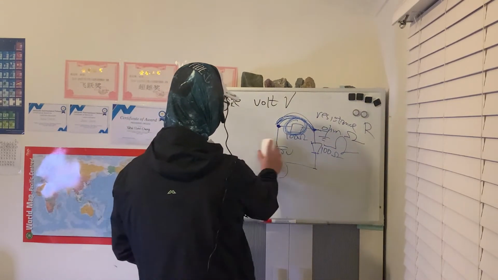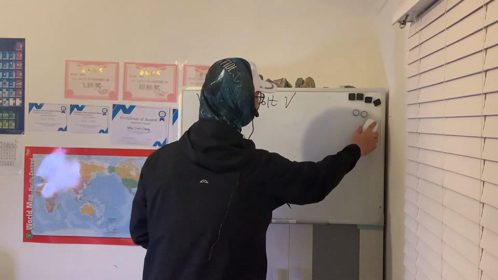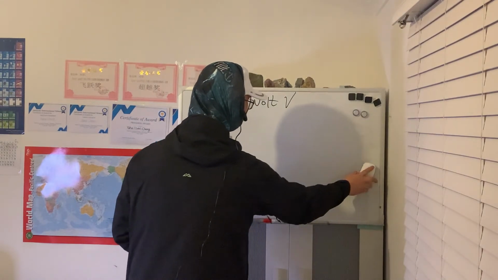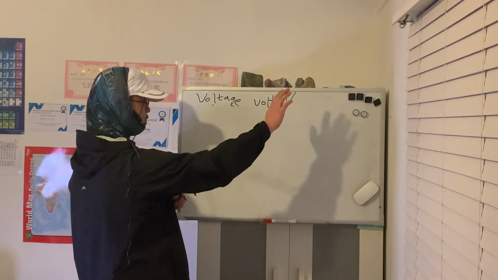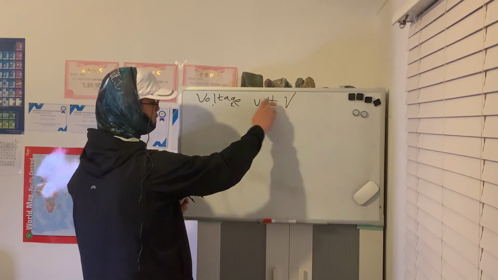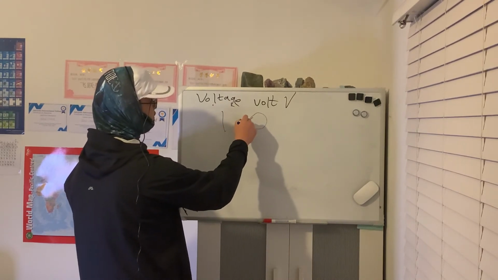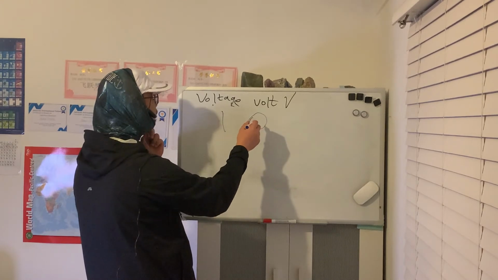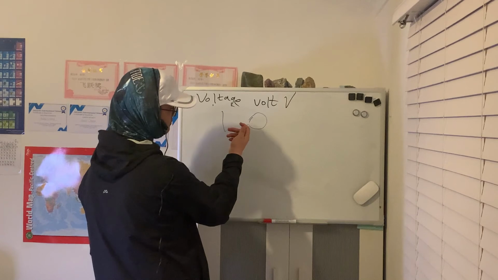Now, we move to current. Current is how many electrons flow through a surface. So, for example, this is a wire, and its surface is like that. How many electrons flow through this surface in 1 second?